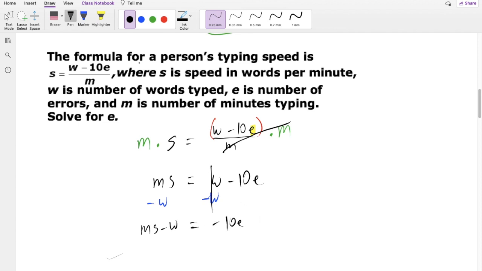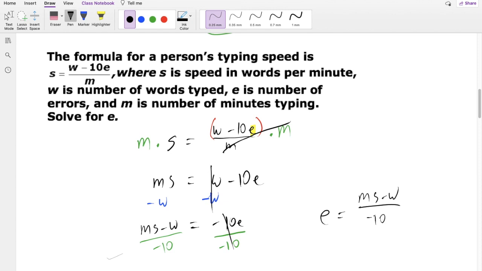So the last thing I need to do is get rid of that multiplication that's happening to E. So I need to divide both sides by that negative 10. And on the right side, that's going to cancel. So I get E equals MS minus W over negative 10.